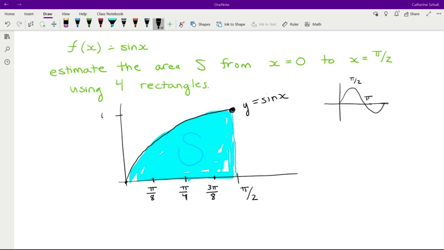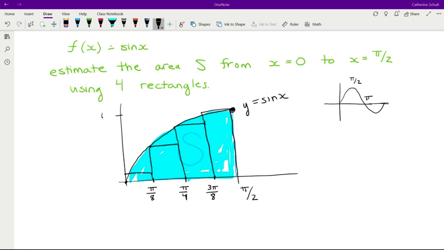Maybe we'll create rectangles that look like this. So we can maybe use this rectangle, or maybe use a rectangle that looks like this, or we can use a rectangle that looks like that, or one that looks like this.